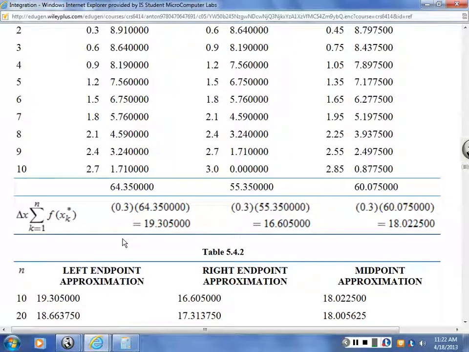I think we get 18. So this one is over, this one is under, and this one's closer. But that's just with 10 rectangles. If I have to find the area of 10 rectangles and add that together, it gets cumbersome. Especially if I don't even know if I'm over or under or what's going on there.